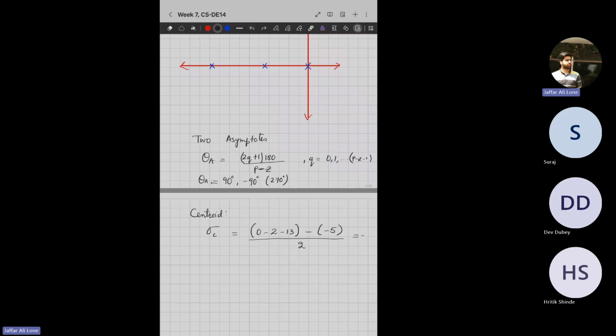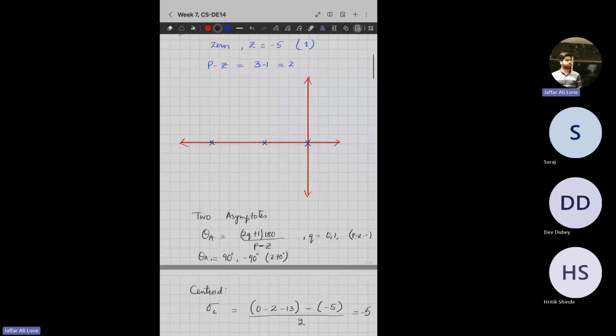It is minus 5. So we got the centroid as minus 5.